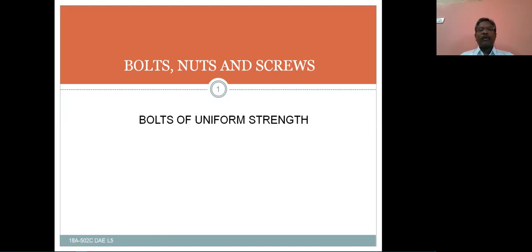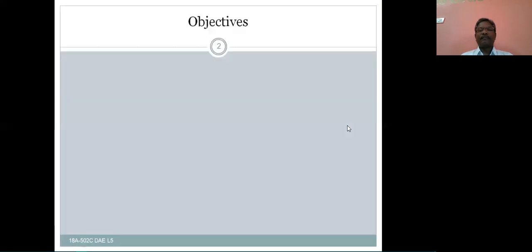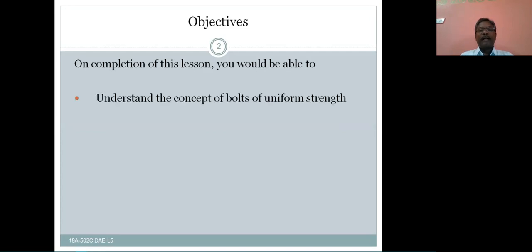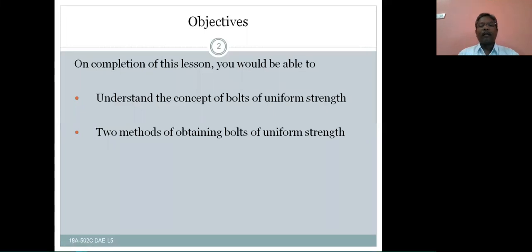Today we are going to discuss, in this lesson, bolts of uniform strength. The objectives of this lesson: on completion of this lesson, you would be able to understand the concept of bolts of uniform strength, two methods of obtaining bolts of uniform strength, strength of screwed joints, and design of a nut.